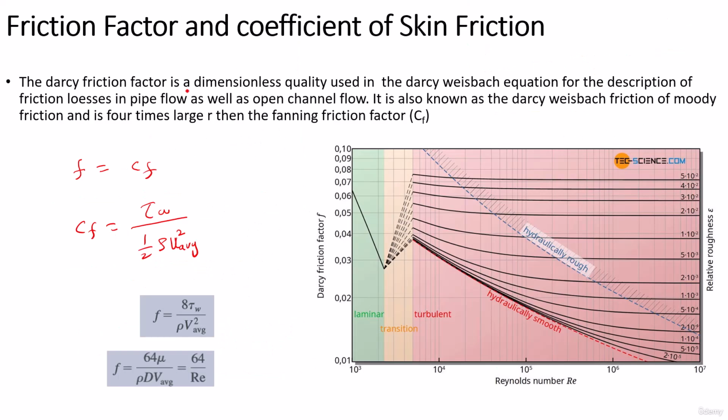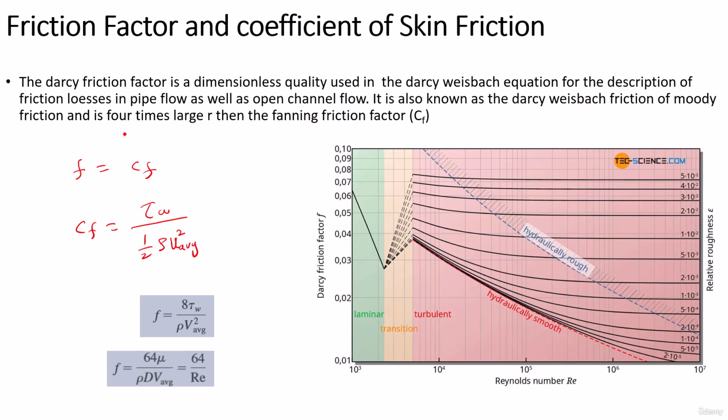Now the friction factor and the coefficient of friction. Actually, there is the Fanning friction factor CF, and these are two different terms. The friction factor f is known as the Darcy-Weisbach friction factor or Moody friction factor, and it is 4 times larger than the Fanning friction factor CF.